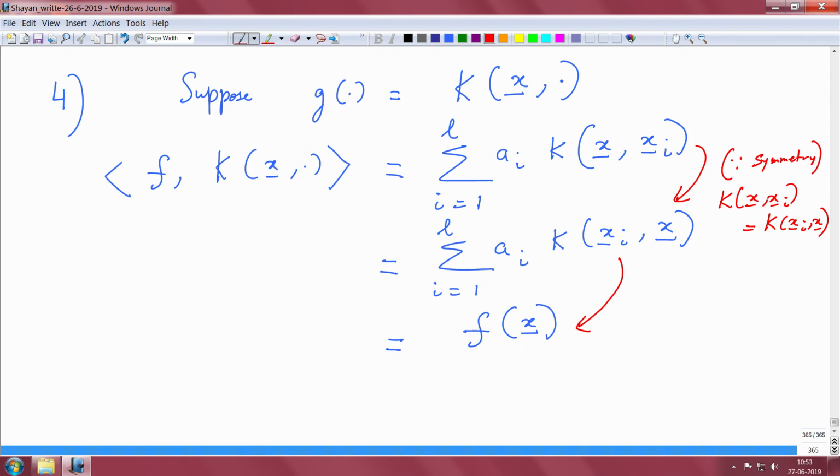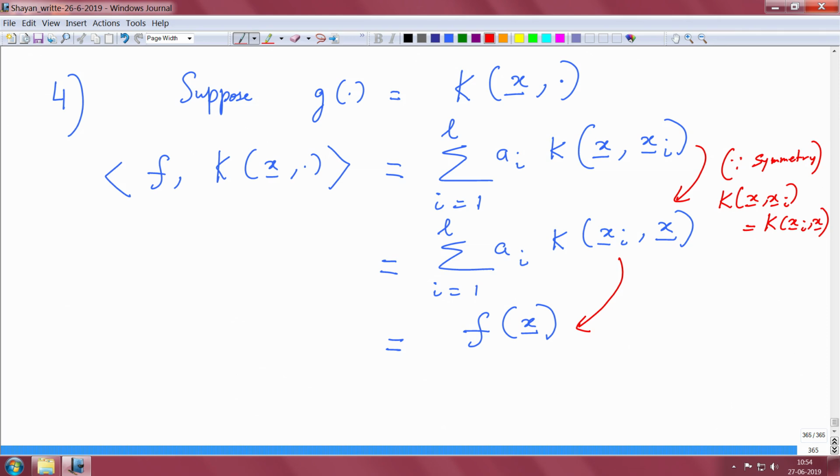So, what is happening here? The Mercer's kernel K can reproduce this function back. I take this function f, and I take the dot product with the kernel. Basically, I take the inner product of two functions f and g, and the inner product between two functions f and g is expressed in the bilinear form.